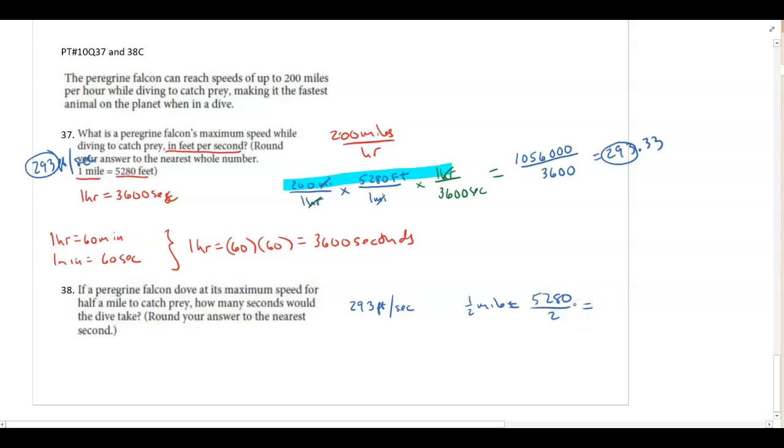So that falcon would end up going 2,640 feet to get the prey. Well, if I take the 2,640 divided by the feet per second, that would give me approximately 9 seconds to catch the prey. So the answer would be 9.